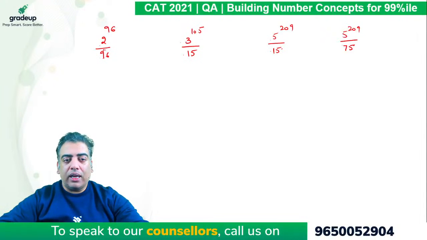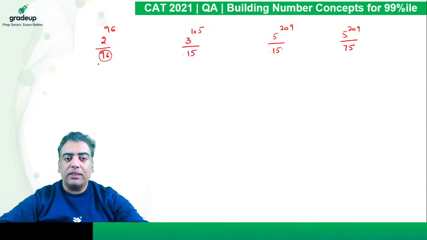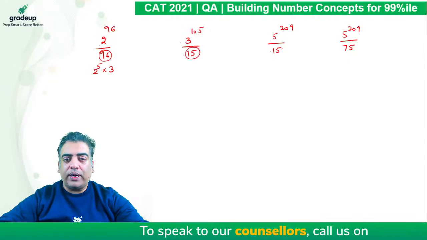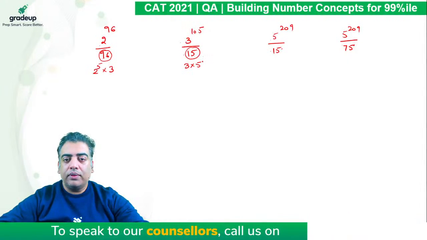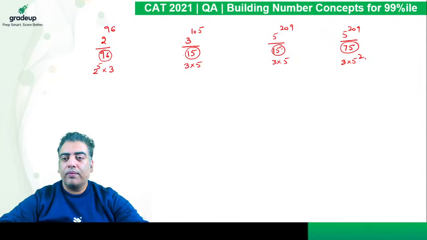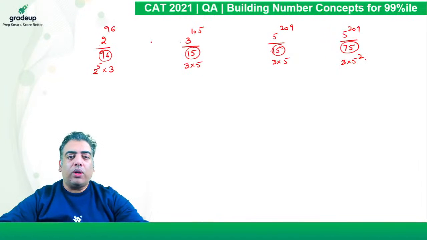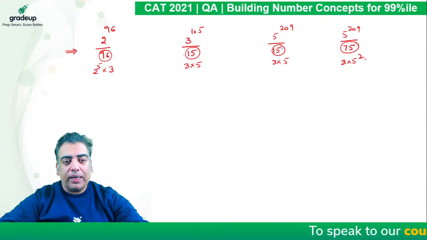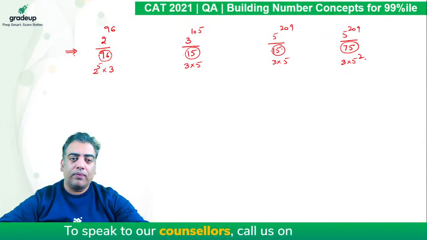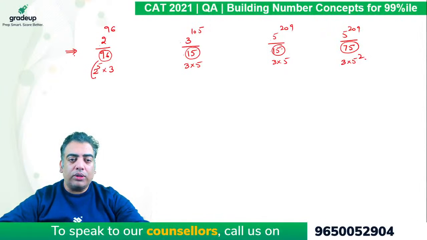Like in this case, I can write this 96 as 32 into 3, which is 2 raised to power 5 into 3. We can write this 15 as 3 into 5, this 15 as again 3 into 5, and 75 as 5 square into 3. So whenever you come across an example like this wherein some value can be cancelled out, just cancel out the value.